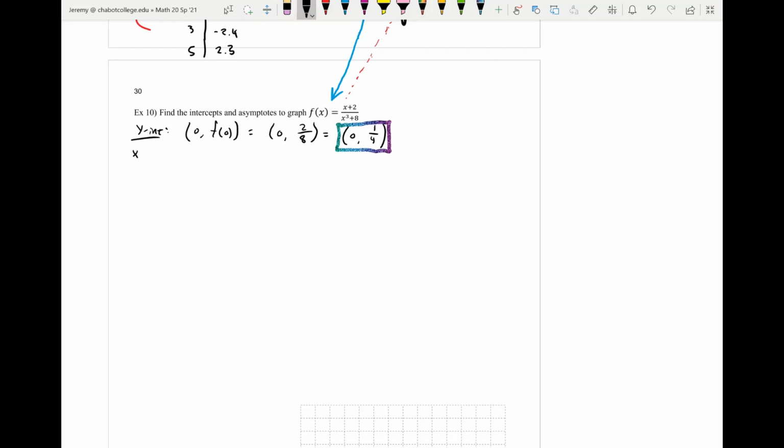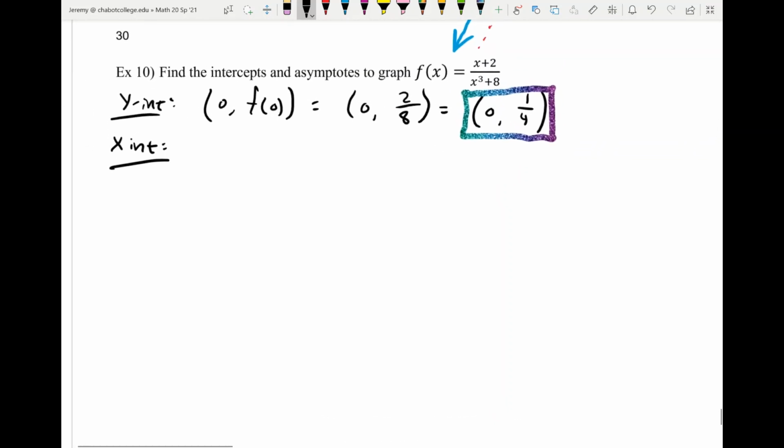For my x-intercepts, I'm going to set the numerator equal to 0. So x plus 2 set equal to 0. So I'm just going to have this one x-intercept at x equals -2. So the ordered pair would be -2, 0.